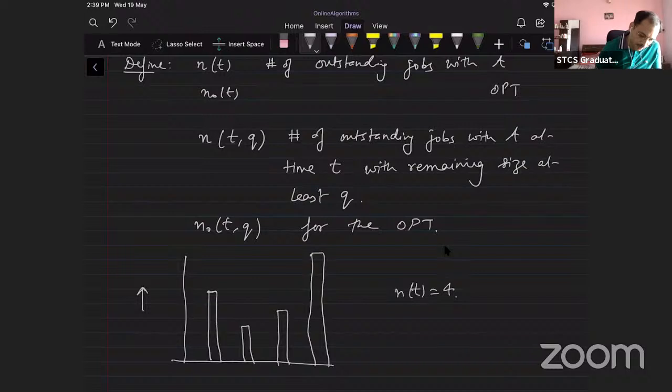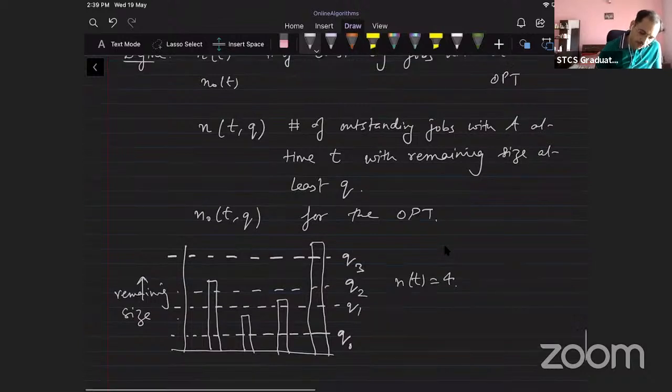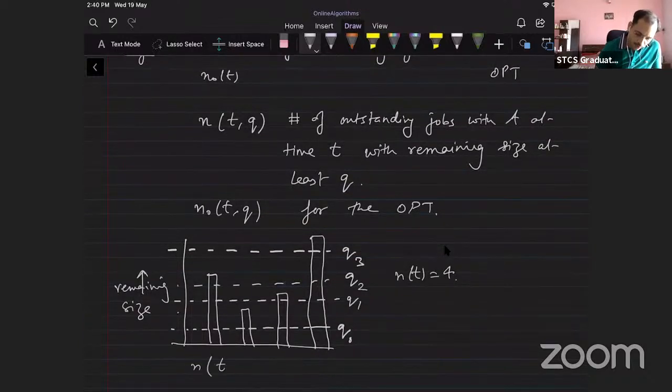So this is the remaining size. So what this q is doing is, this is, let's say, q0, q1, and so on. For each value of q, we are defining this. I'm just drawing it for certain values, q3. So how much is n of t comma q0?